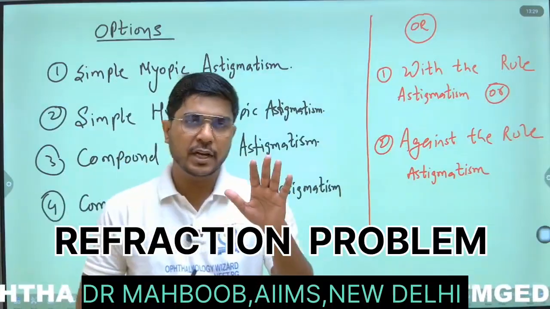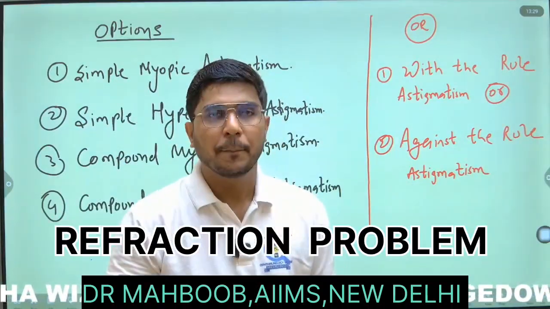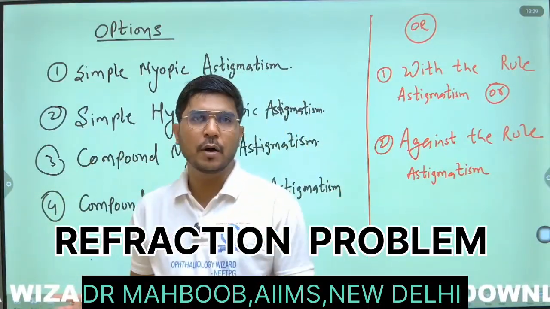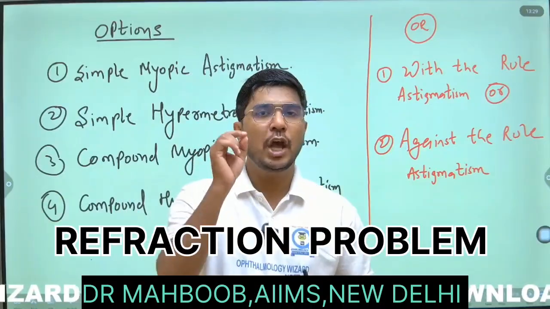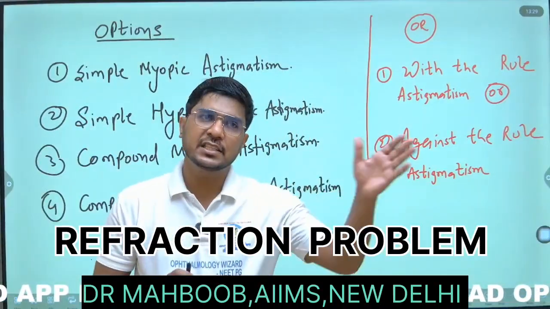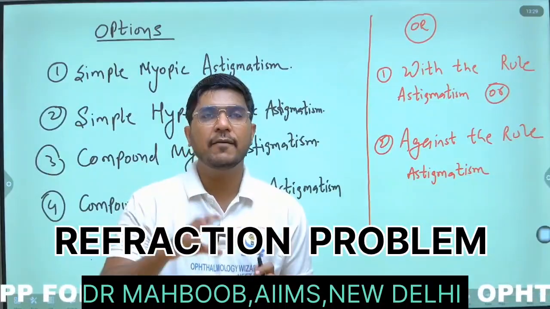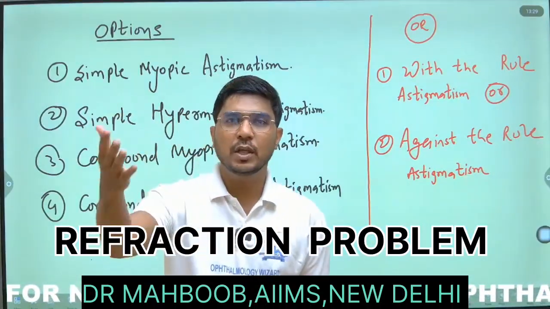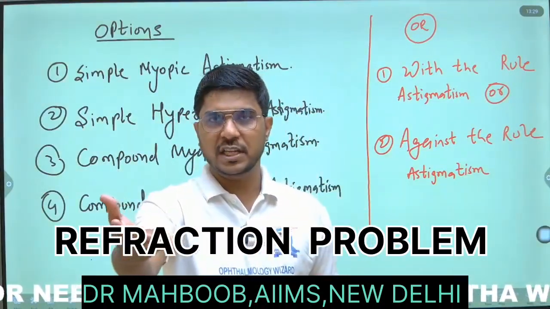The first step, by looking at the retinoscopic form or the prescription form, is to determine whether it is with the rule astigmatism or against the rule astigmatism.